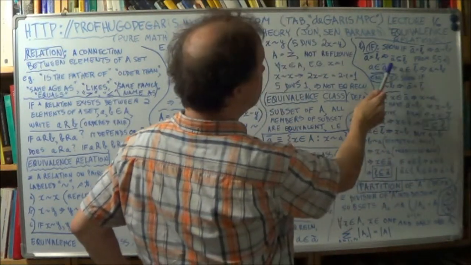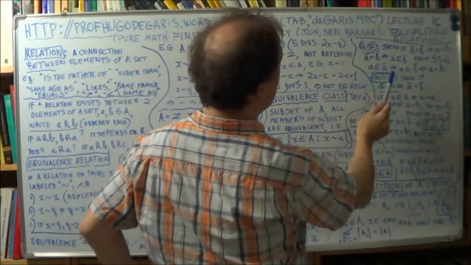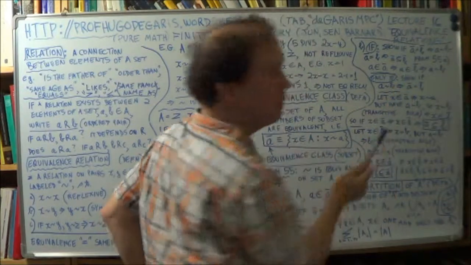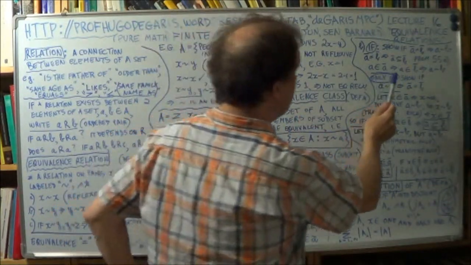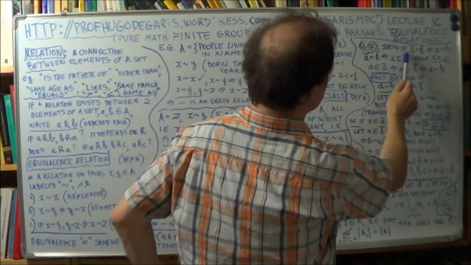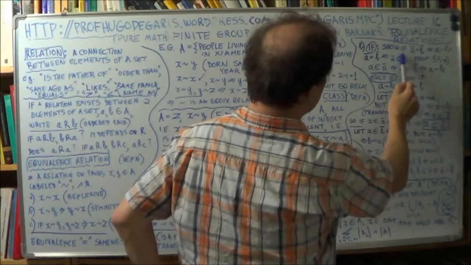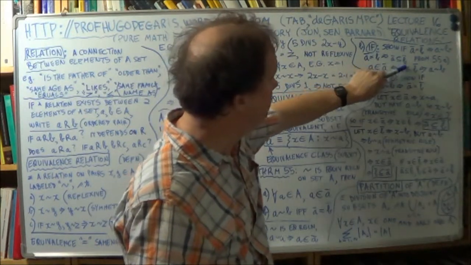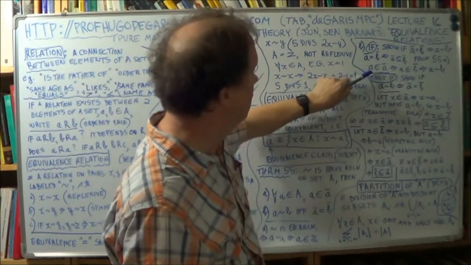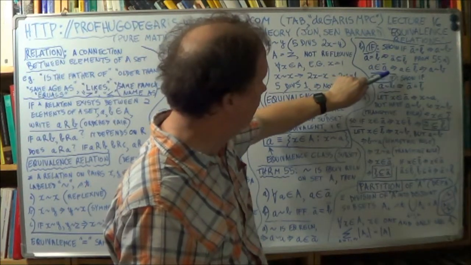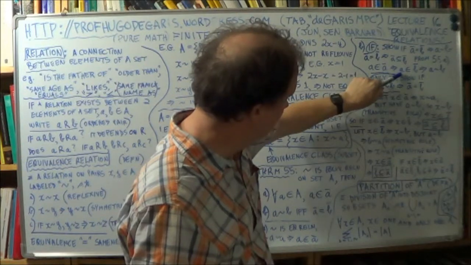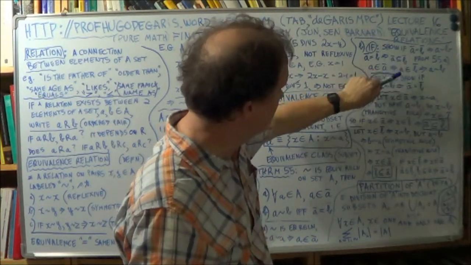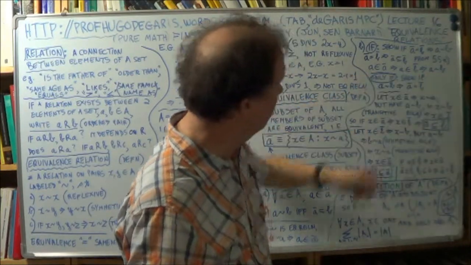So if A is a member of this set, and this set is a subset of this one, then A belongs to this set, right? A bar is a subset of B bar, and little a belongs to A bar. Therefore, little a belongs to B bar. That's like the superset, that's the subset. Okay, so A belongs to B bar.